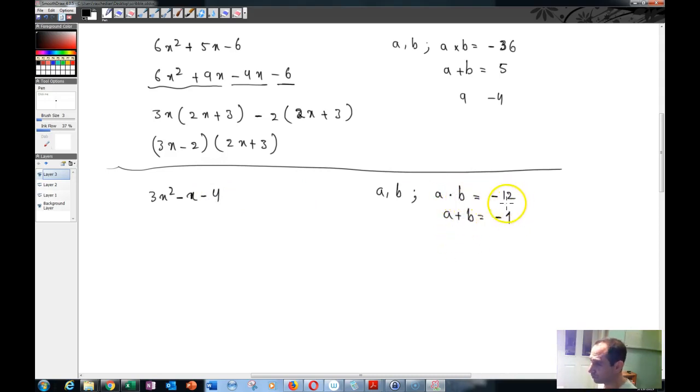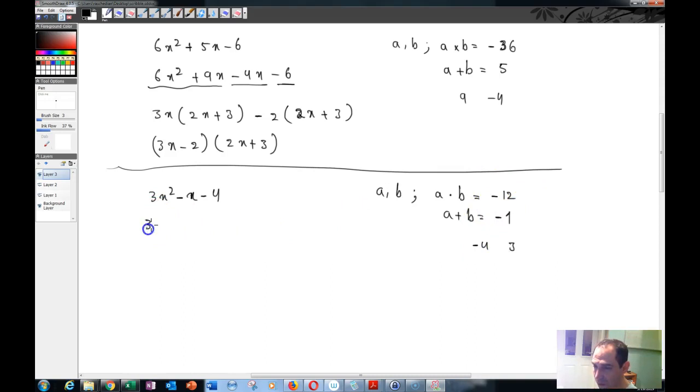So you can go for 4 and 3, and negative 4 and 3, since negative 4 plus 3 is equal to negative 1, and negative 4 times 3 is equal to negative 12.